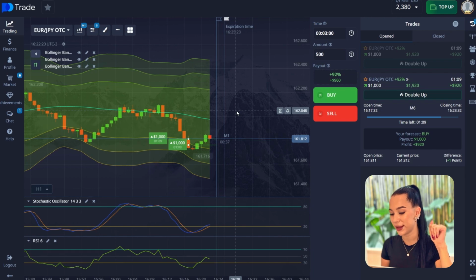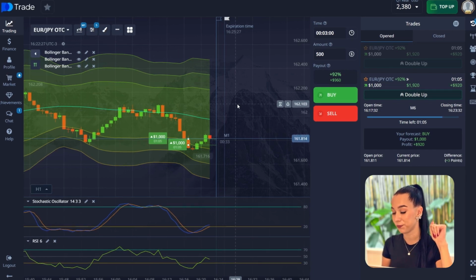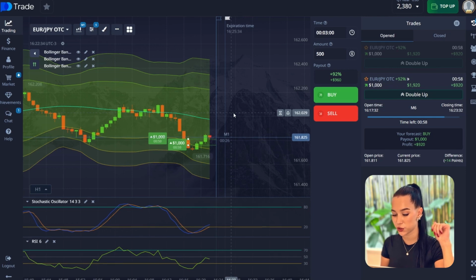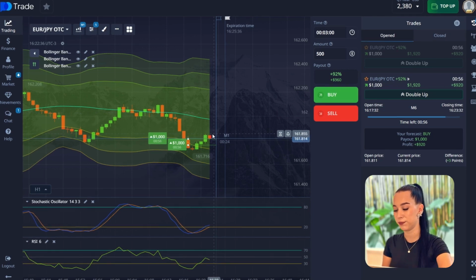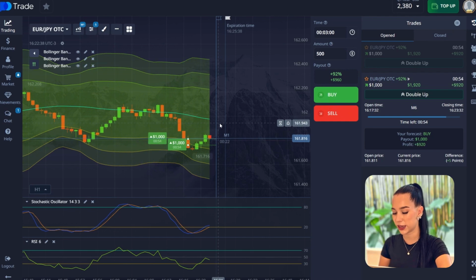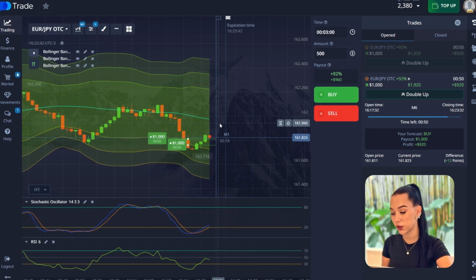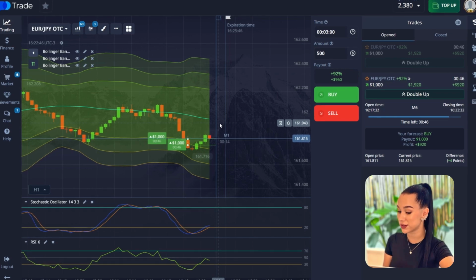So that's how I can avoid all of these corrective candles and volatility and more. So it's 1 minute till the end of our trades. As you can see, they have different entry points, and I'm sure we're going to close the first one, but I'm not sure about the second one right now, because some red candle appeared there, and it's always fluctuating around our entry point, so it's not really good.